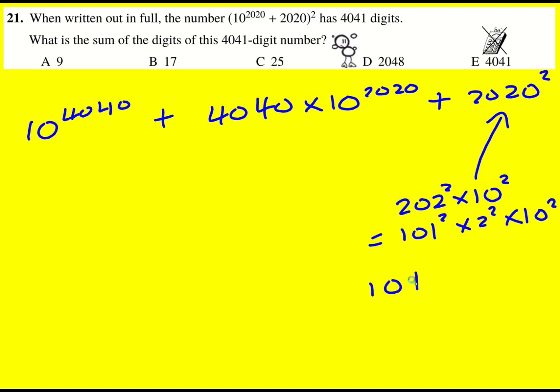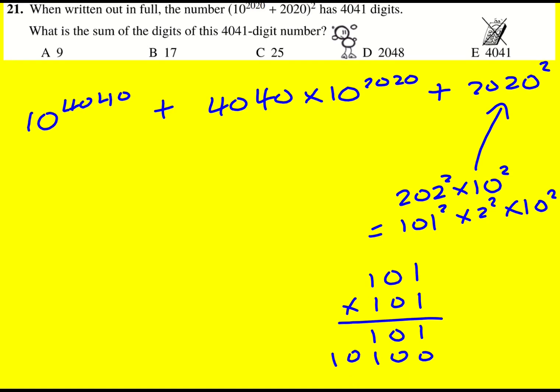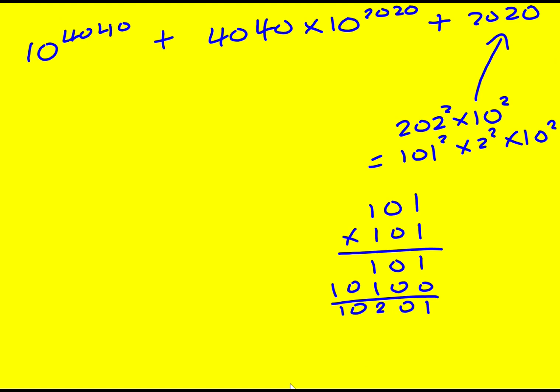And then I just need to work out what 101 times 101 is. So 10201. Going to times that by 4, which gives 40804. Times it by 100. Okay, there we go.